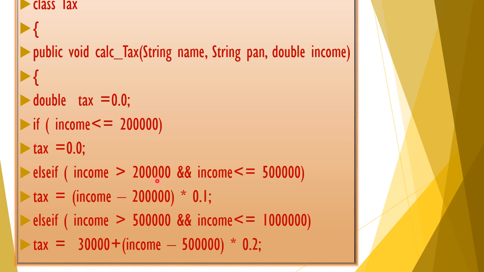In the question it will be given with comma and rupees symbol, but when we write the program statement, when we use the amount as a double type or int type variable, we must not use the rupees symbol or comma in between the digits. If you write the comma or rupees symbol, that will be wrong. That is a syntax error. So don't use comma or rupees symbol in between the digits.